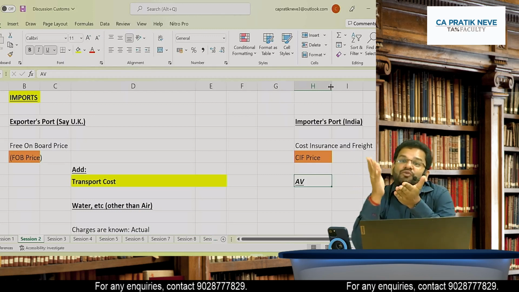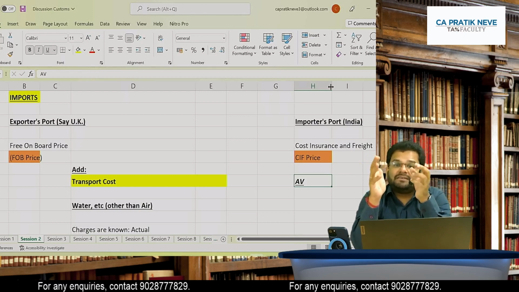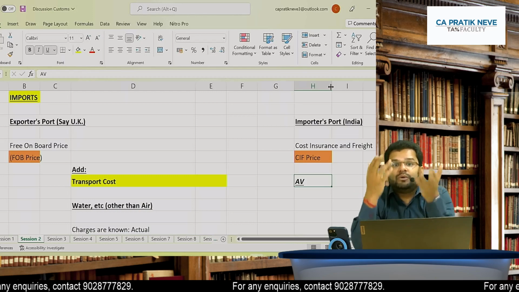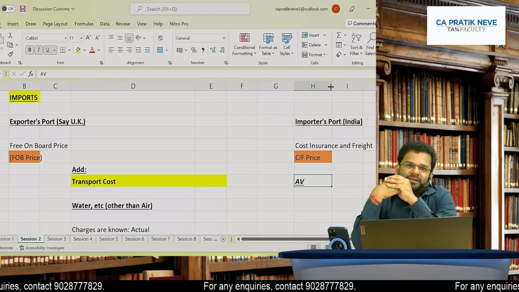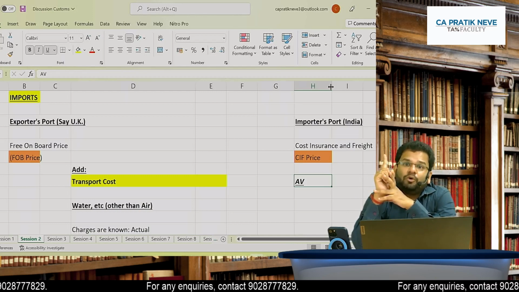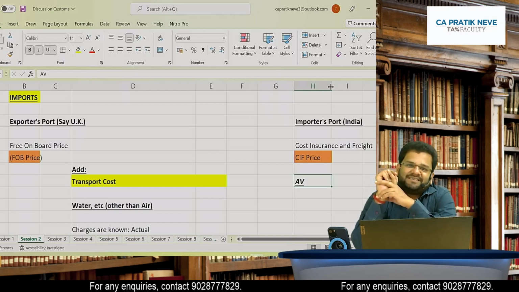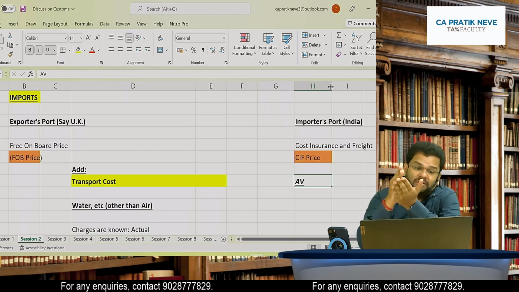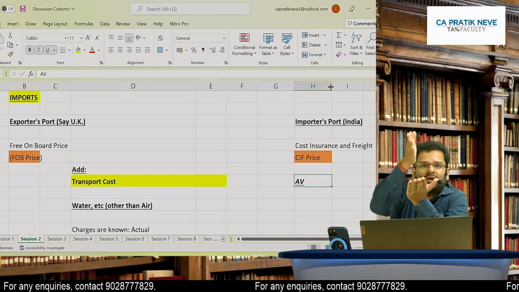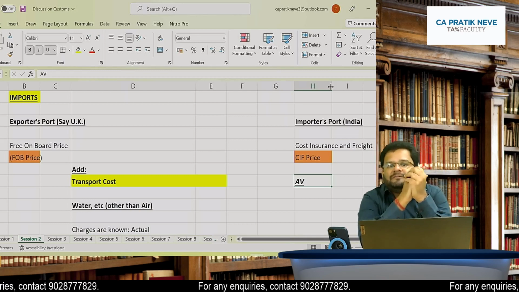So you'll have to add this to get FOB, because FOB is that price where goods are ready to start their journey to India, because we are talking about import. When they are ready at the foreign port to start their journey to India, that is called FOB price. So till that exporter's port, whatever cost is incurred, that will form part of FOB.